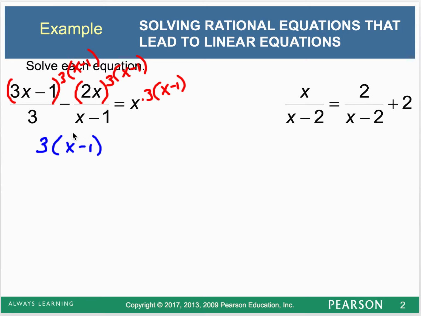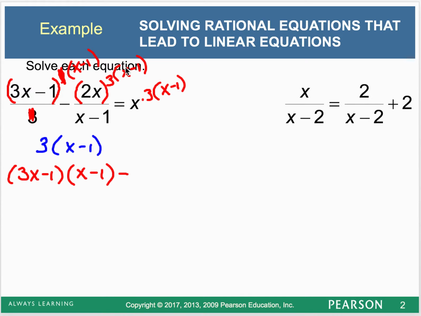Okay, so now that means in this term right here, only in this term, everything's multiplied together up here, that I can get rid of these 3's. So what's left right here is just 3x minus 1 times x minus 1. Okay, then I got a minus sign, so be careful of that.